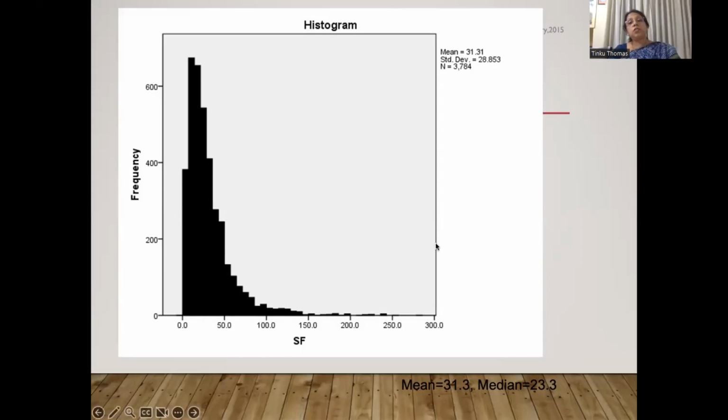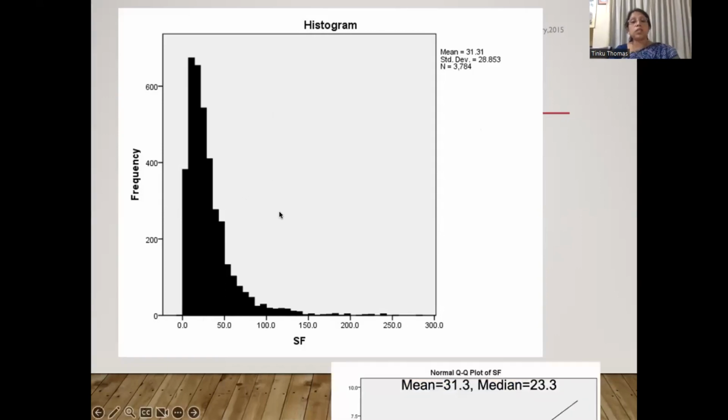But also look at the mean and standard deviation. The mean is 31 and the standard deviation is 28, quite large with respect to the mean. And therefore, that is another indication telling us that this data is probably not normally distributed, even if we cannot observe it in a histogram so neatly like this.